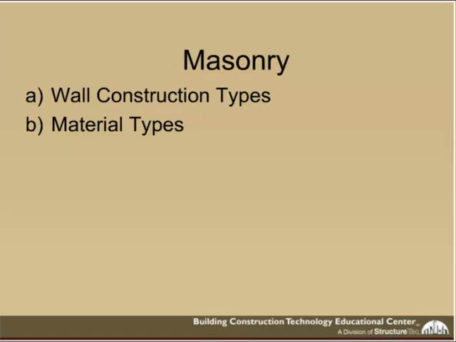Okay, so now that we have an understanding of the two wall construction types in masonry, one being mass wall, two being cavity or veneer wall, let's take a look at the different material types that are used within masonry wall construction. The first material type in that first category would be brick.